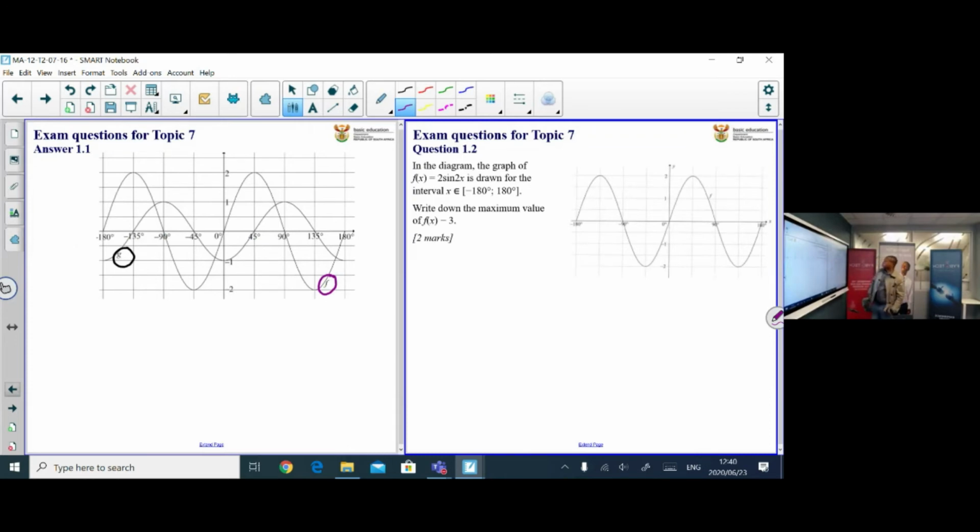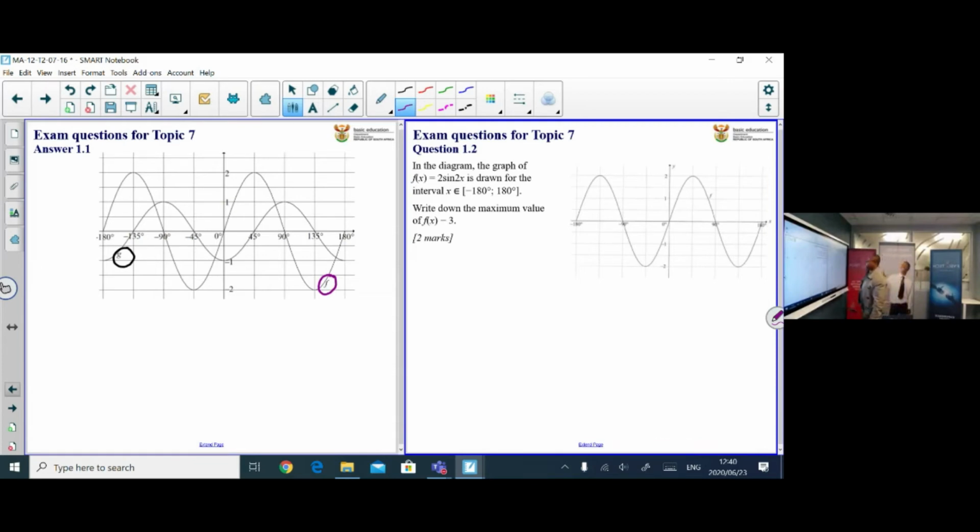So question 7 might be related again to this, and I mean question 1.2. It says in the diagram the graph of 2 sin 2x, which was that original graph, is drawn for that interval. Write down the maximum value of f of x minus 3.